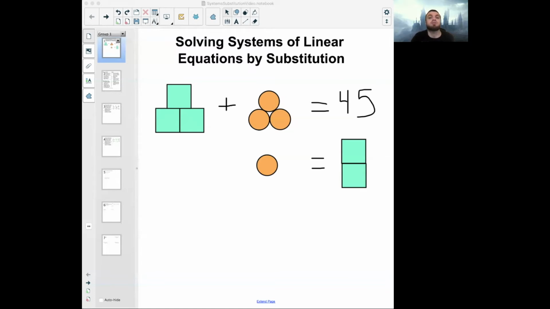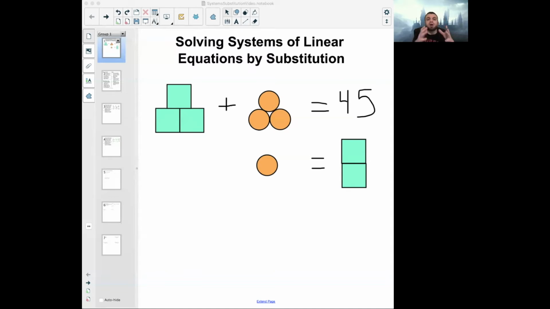Maybe we're on some foreign planet where this is the kind of currency they're using, just like how 2 nickels is equal to a dime, right? So let's see if we can figure out how to find the values.